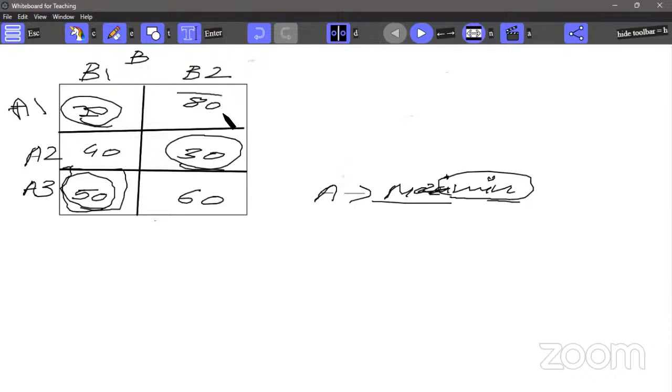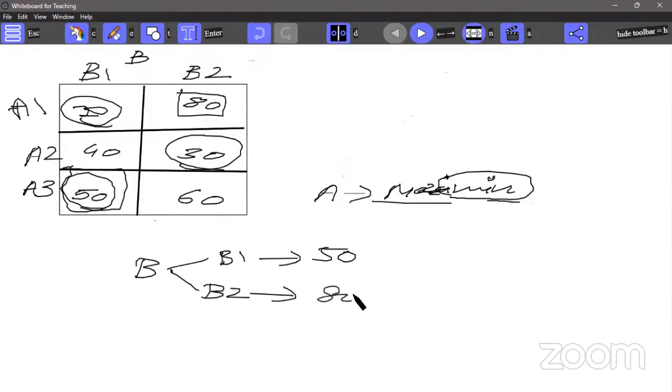So put a square here. So if B follows B1, his worst loss is 50. If he follows B2, the worst case is 80. Now you are B. Do you want a loss of 50 or a loss of 80? 50 only. So for B, isn't B1 the optimal strategy?